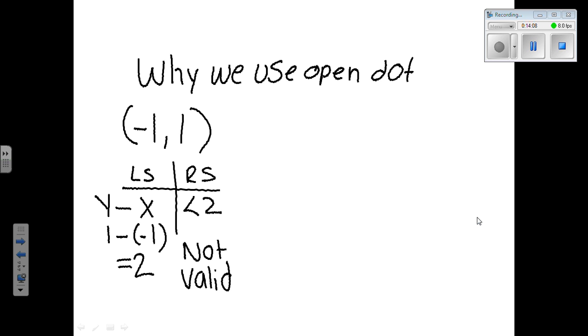The reason we do an open dot for this one is because the intersecting point will not lie within the solution set or the shaded area. We used negative 1 and 1 where the intersecting point was. And if we use our validation t-chart, x minus y is supposed to be less than 2, but we found out it is 2, and we don't have a less than or equal to sign, so therefore it's an open dot because it does not lie within our zone.